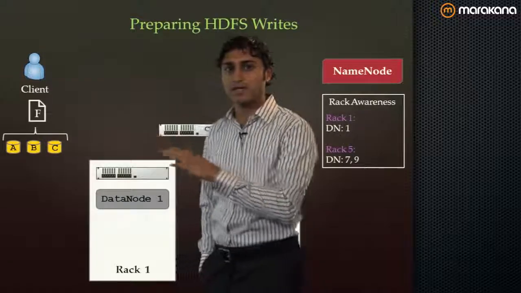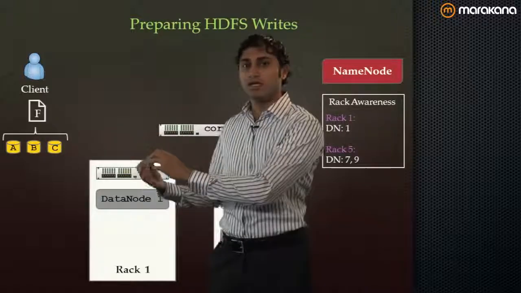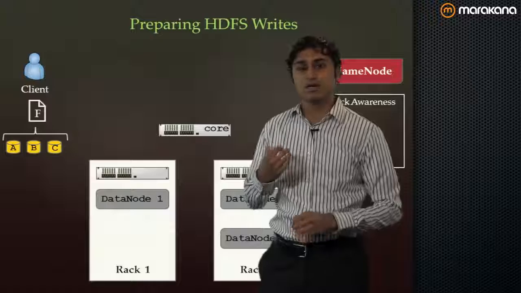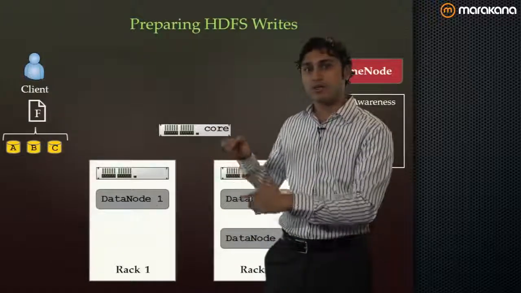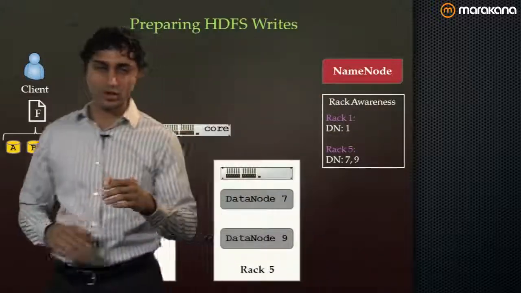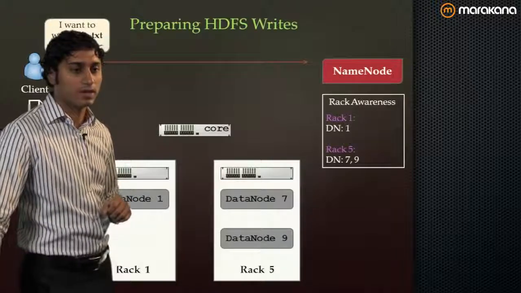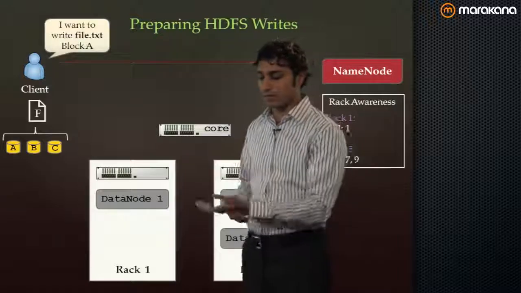So you don't have to break the file up into 3 blocks and then contact the name node to ask where you're going to store each block. This is done for you by the Hadoop Client API. Like I said, all you have to do is write some simple Java code or run a command line copy from local command.